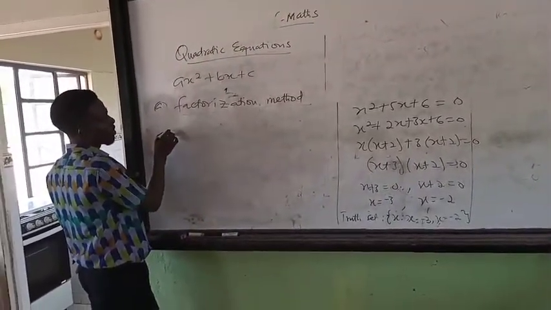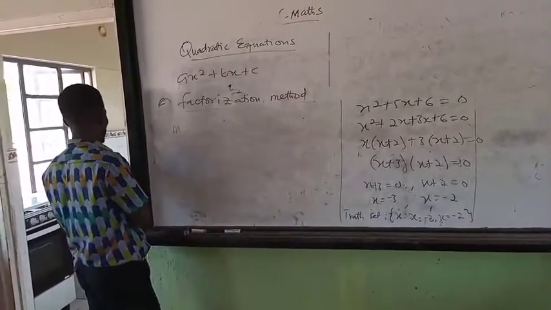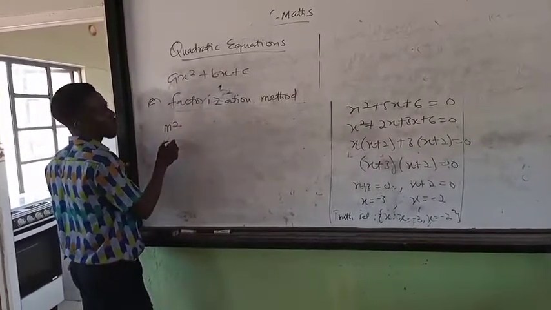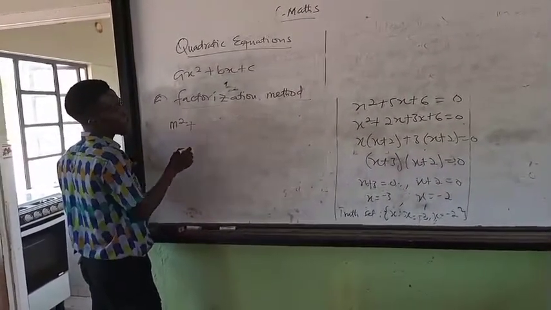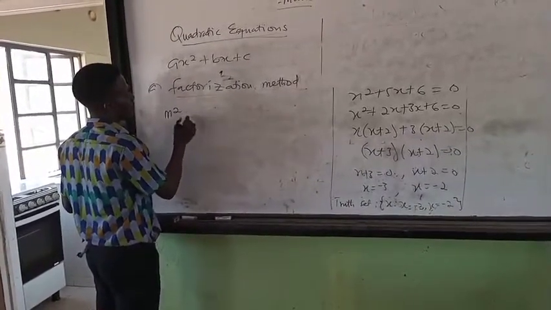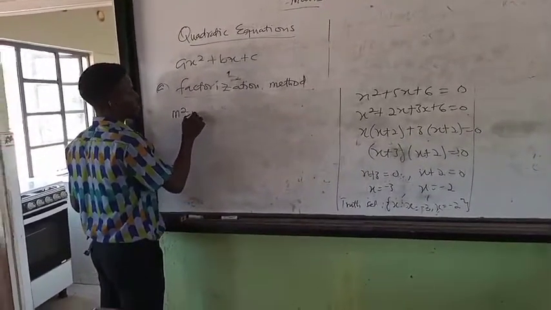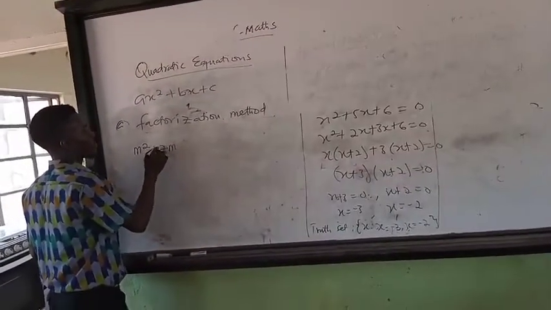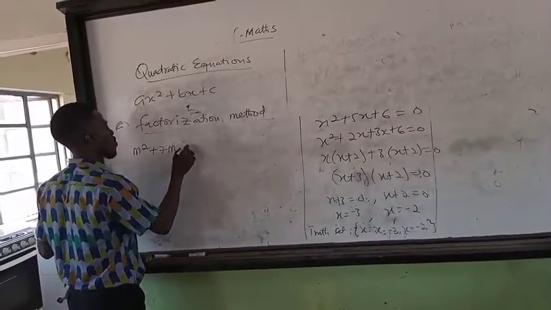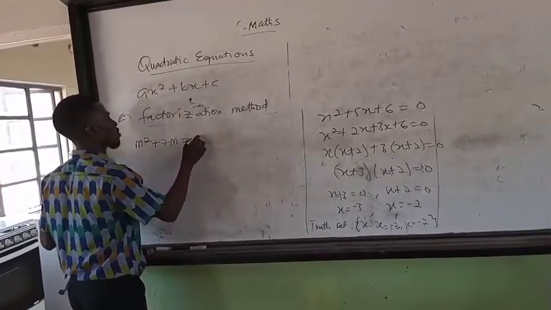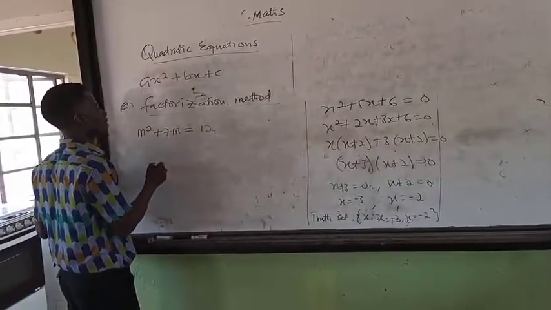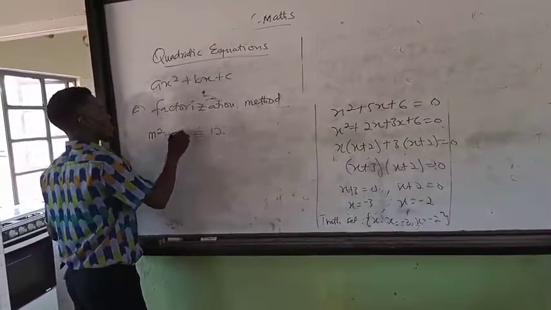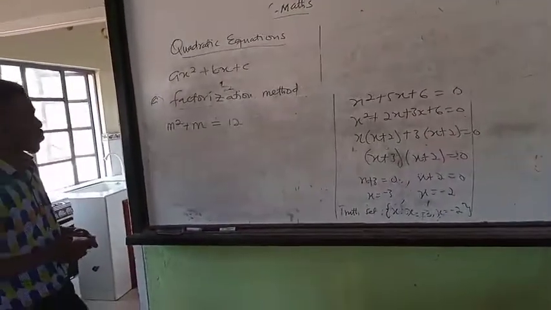Another question, let's see. So we have m squared plus m is equal to 12.